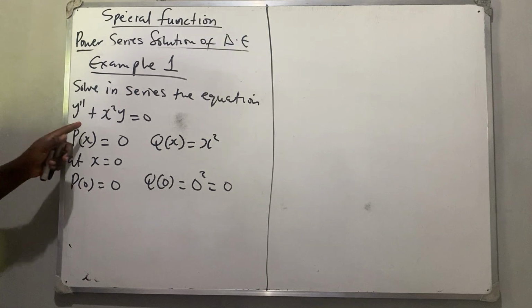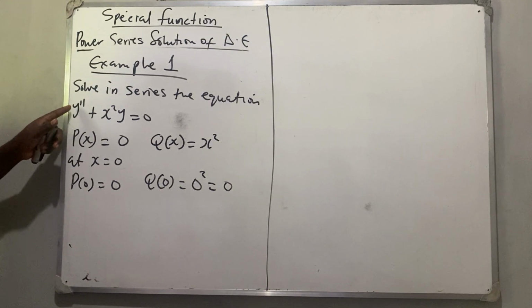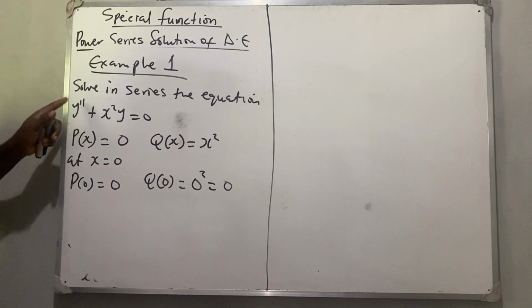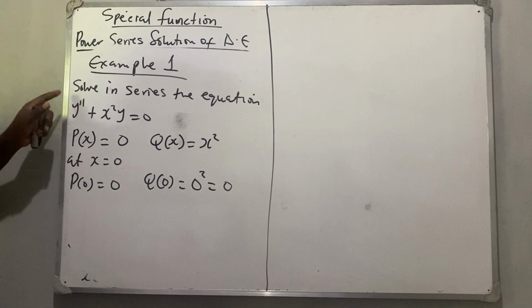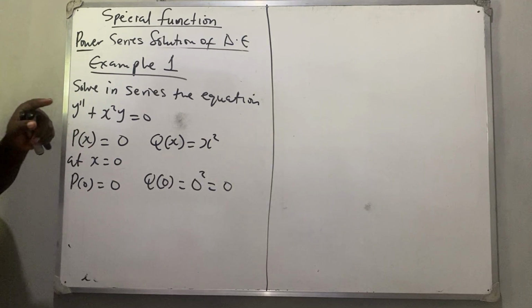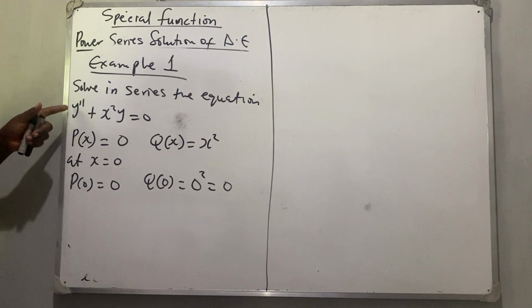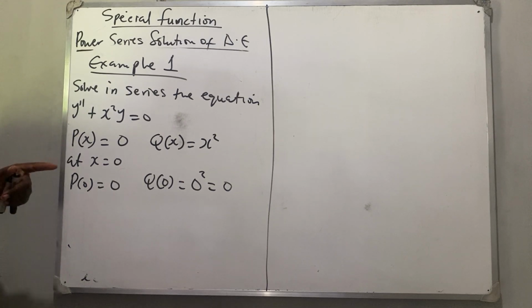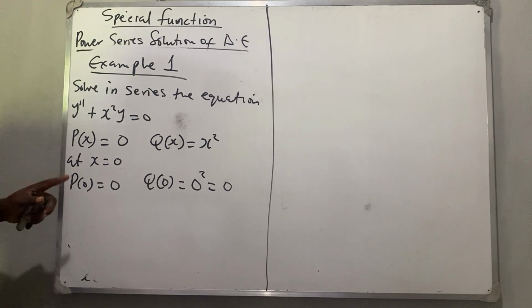I told you when it is in this pattern, where the coefficient of y prime prime is 1, then we are considering infinity. But if it is not 1, we are considering its coefficient to be 0. You understand? So what do we mean?